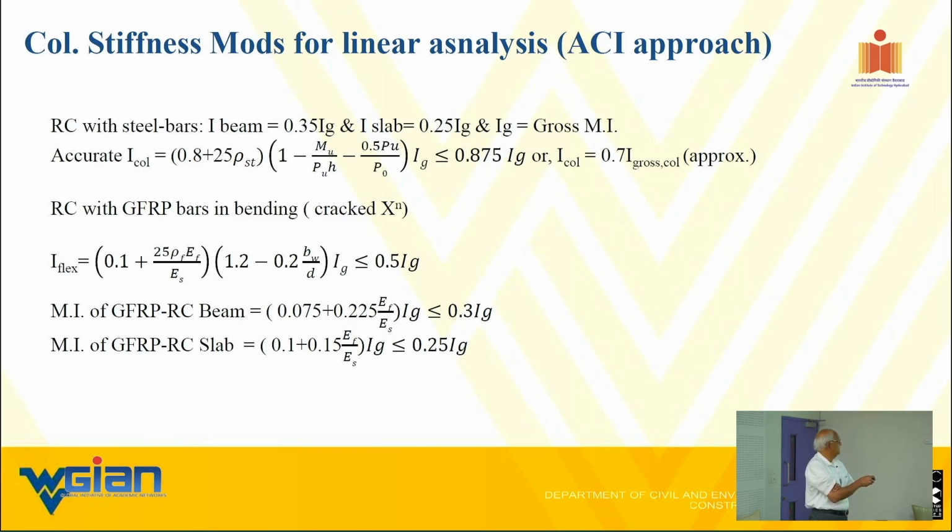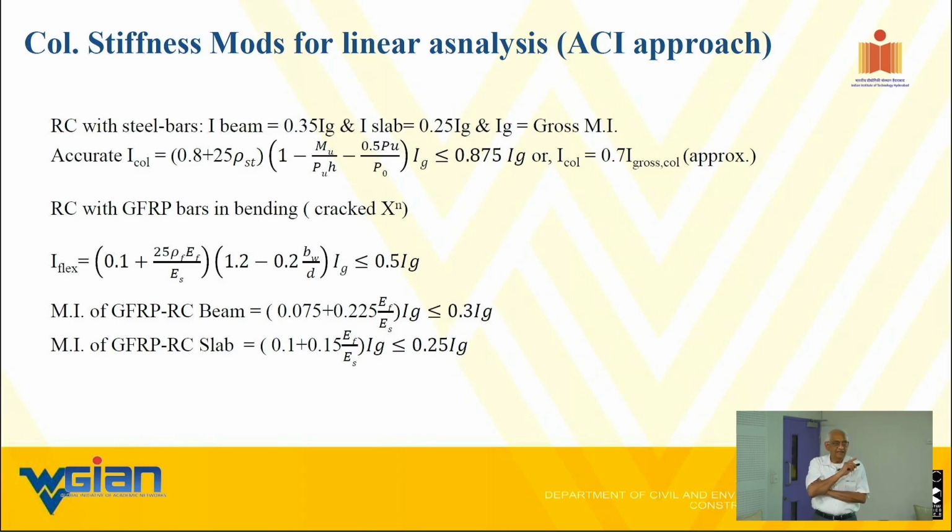So the moment of inertia of GFRP RC beam, again, look at how much of a reduction we are talking about. If you remember, for bending cases, we used what? You remember what we used for bending? 0.22. It is slightly higher, 0.25 here, because there is a column compression load.